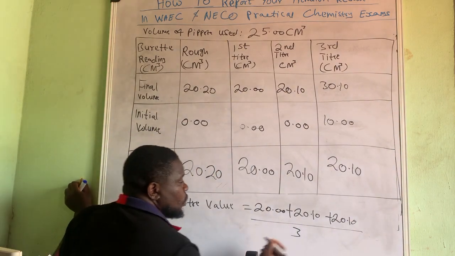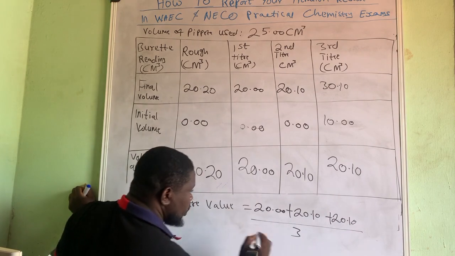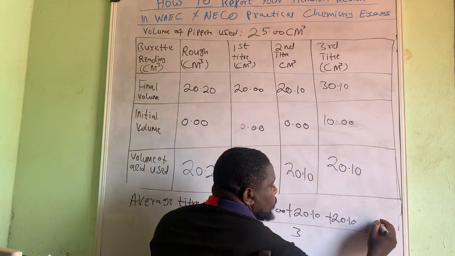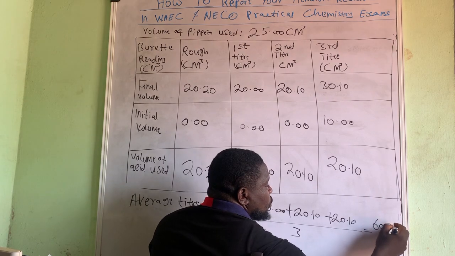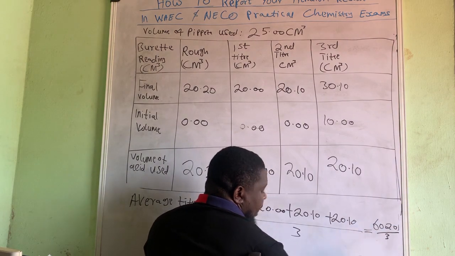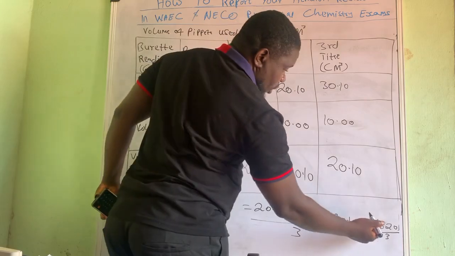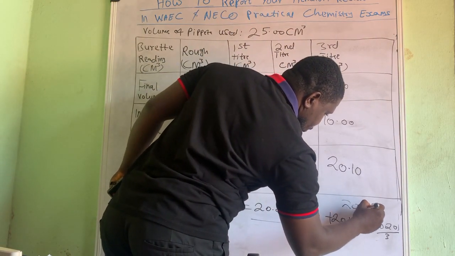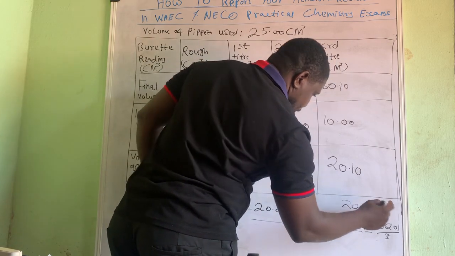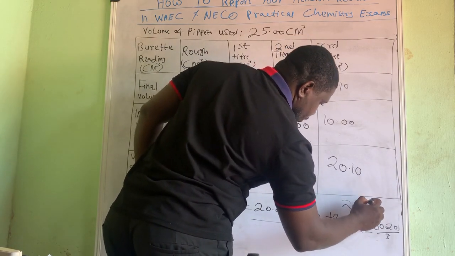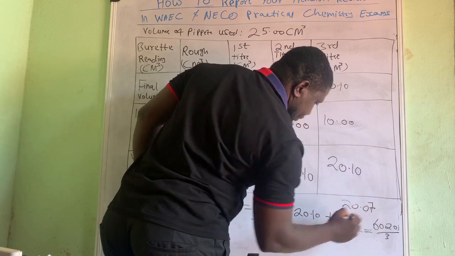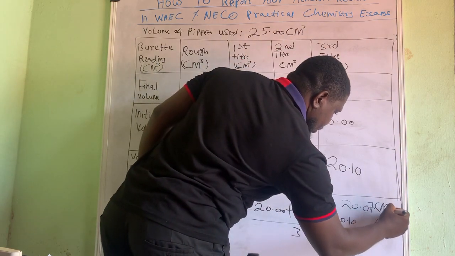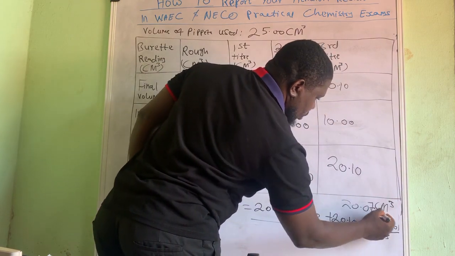That will be equal to 60.20, then you divide by 3, and that gives 20.0666. So we can just write it as 20.07, and then we write our unit in centimeter cube.